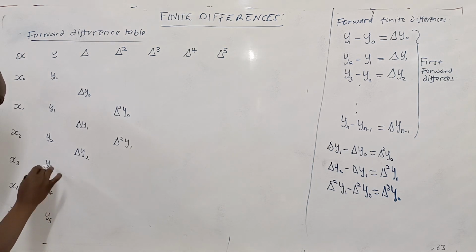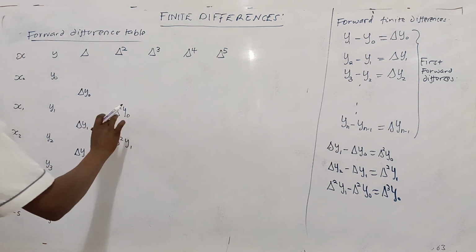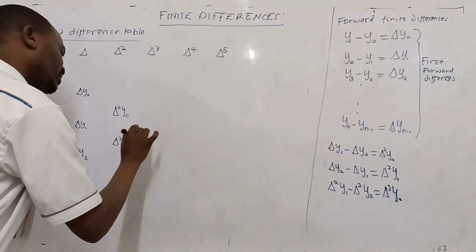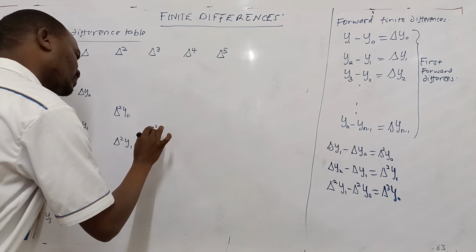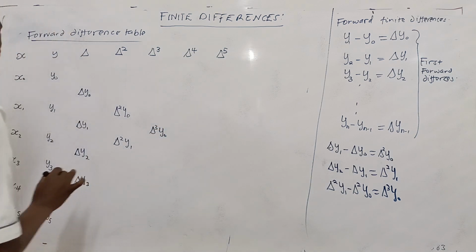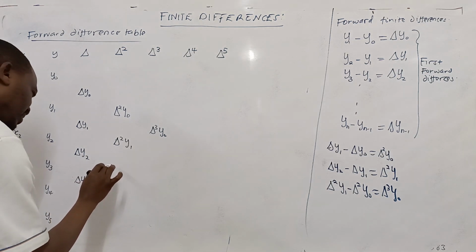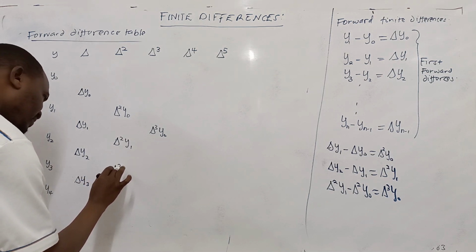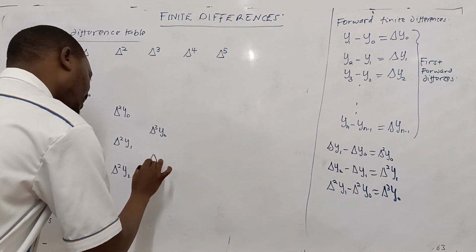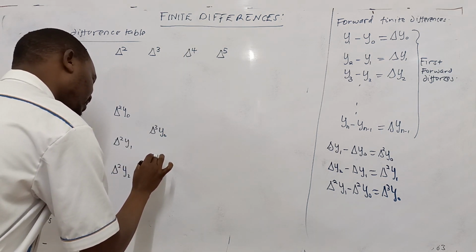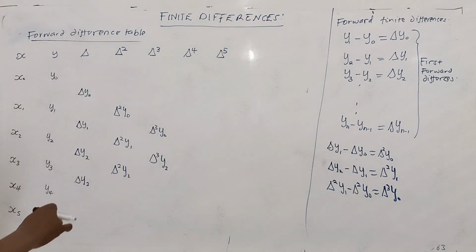This is the first forward difference of y3. I should have said the forward difference of y0, and then these two will give me the second forward difference of y1.